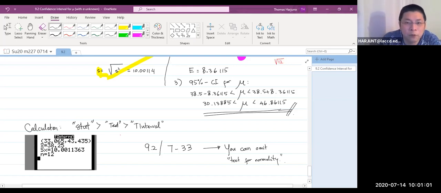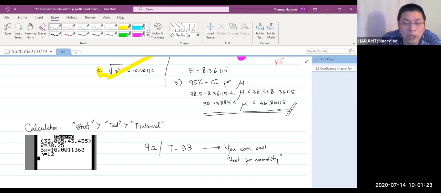Because this test for normality depends too heavily on the calculator, and we have an easy way to avoid using this test. All you need to do is get a larger sample size. If your sample size is only 12, it's actually not reliable anyway, right? Even if it is normal.